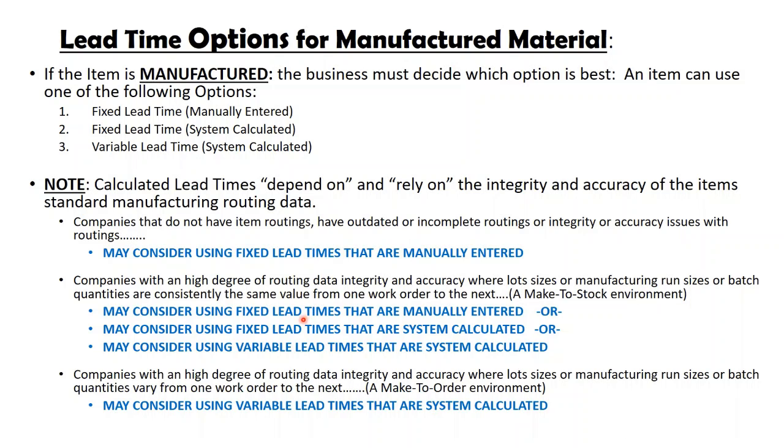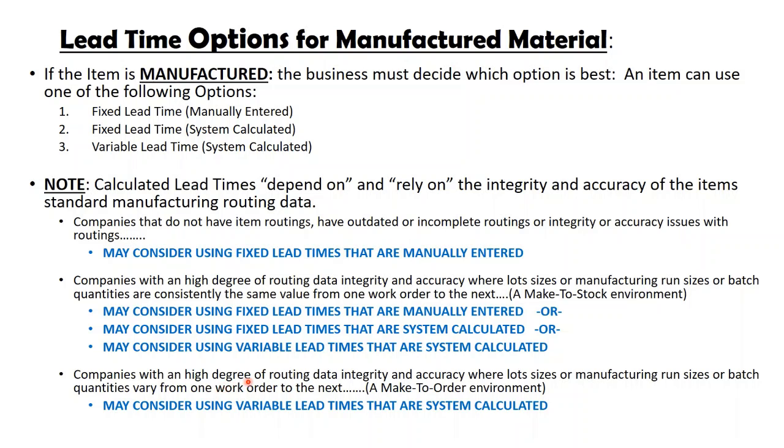They may consider using fixed lead times that are manually entered, or fixed lead times that are system calculated. Or they may even consider using the variable lead time concept that the system calculates for us.